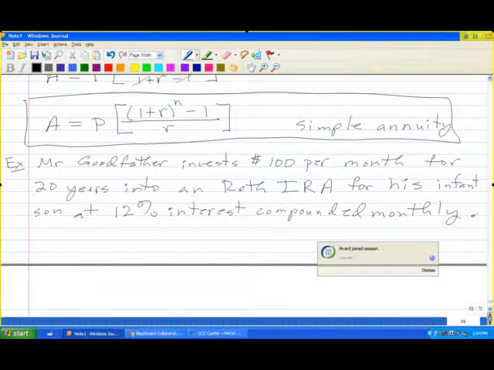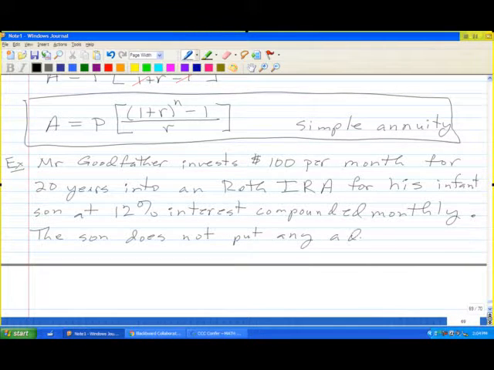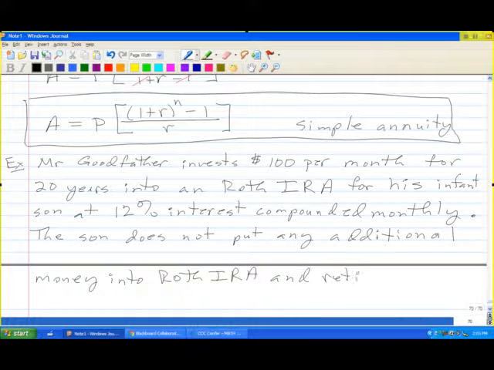Okay. Well, when the son grows up, the son does not put any additional money into the Roth IRA, and retires after 50 years.